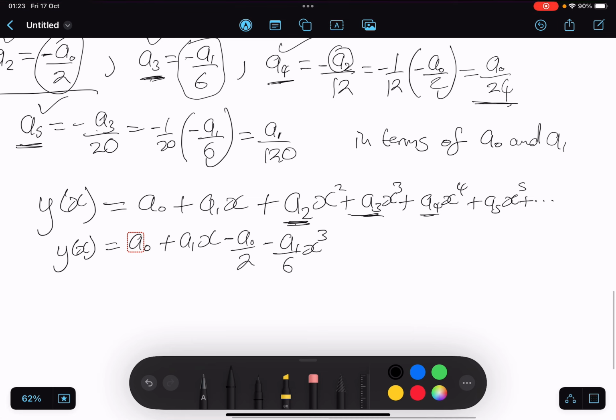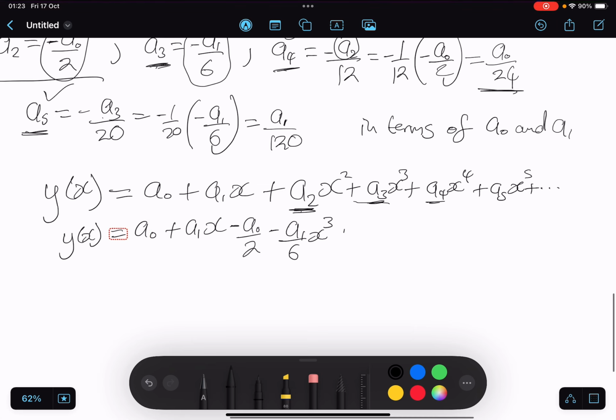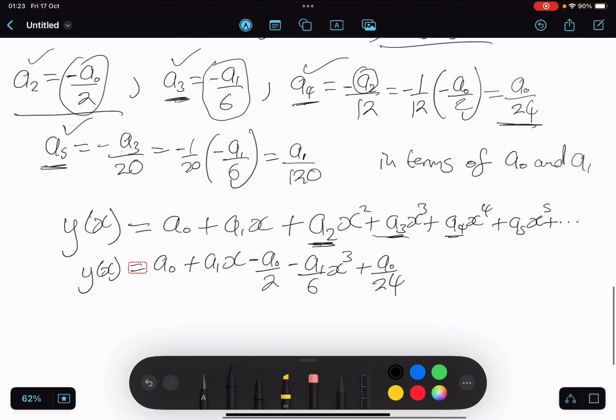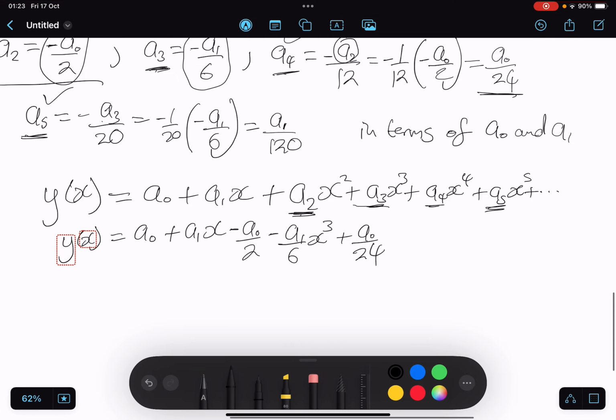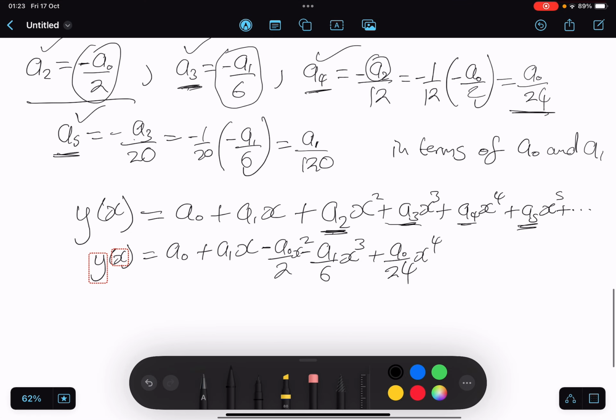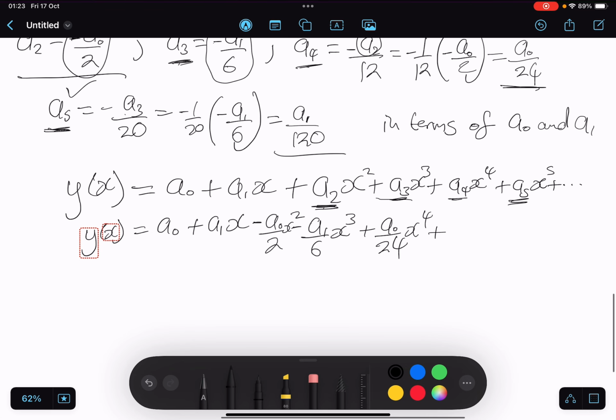A4, we said it's A naught over 24, and then we said A5 is what? This is x to the power 4. This is x squared. And then A5 is equal to positive A1 over 120 x to the power 5 plus, this continues.